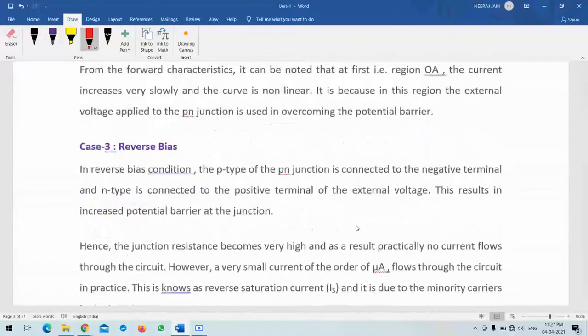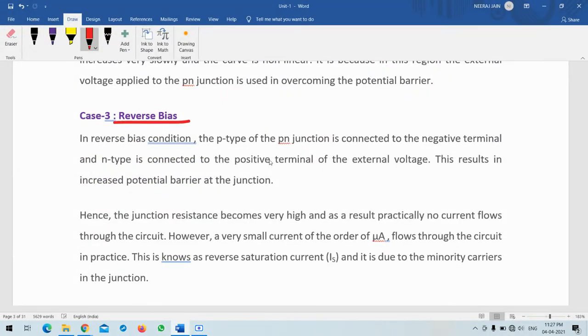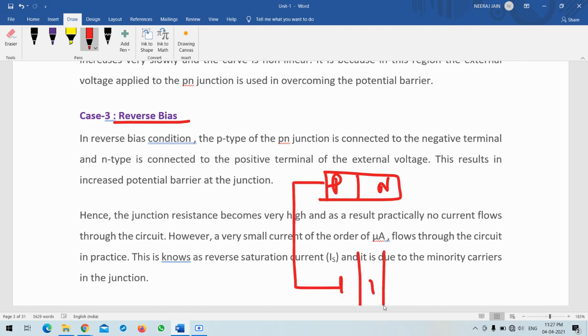Similarly, when reverse voltage is applied, the P type of the PN junction is connected to the negative terminal and the N type is connected to the positive terminal. As we have seen, in reverse bias the P type is connected with the negative terminal of the battery and the N type with the positive terminal.